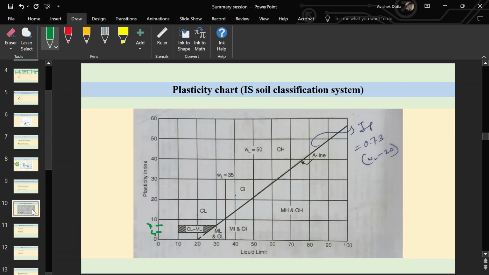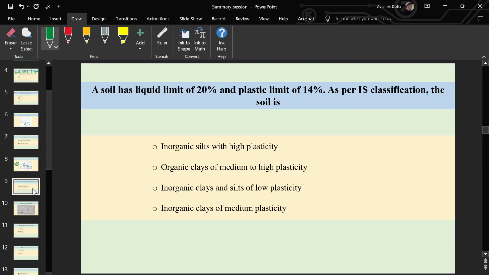You can use this graph now. You can solve it and tell me what value of plasticity index you are getting.